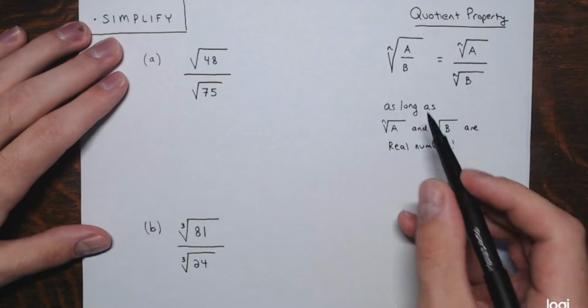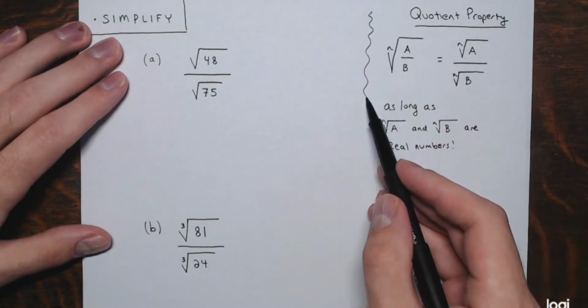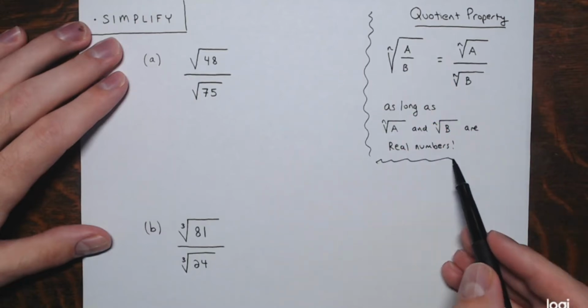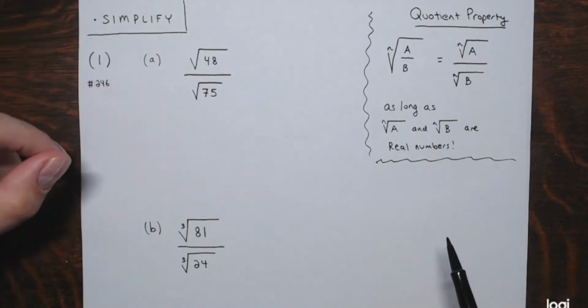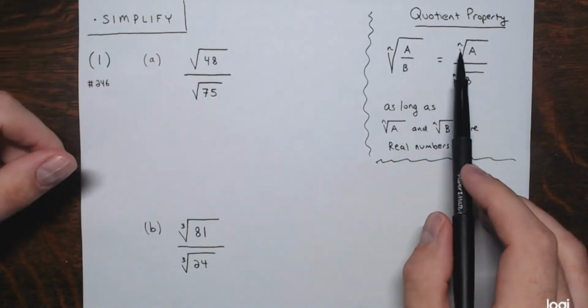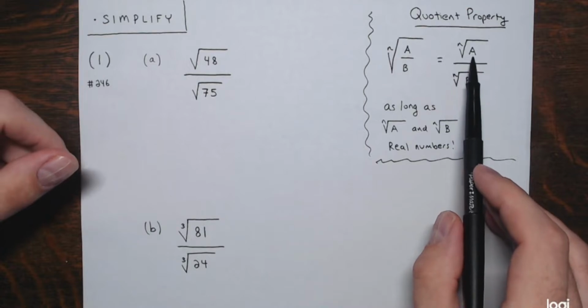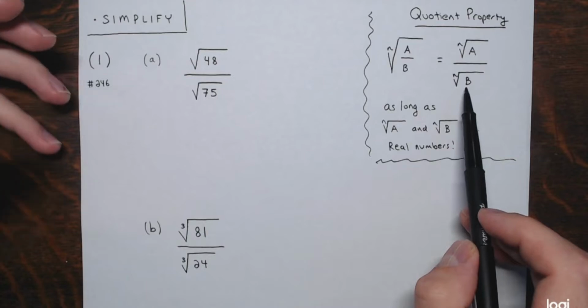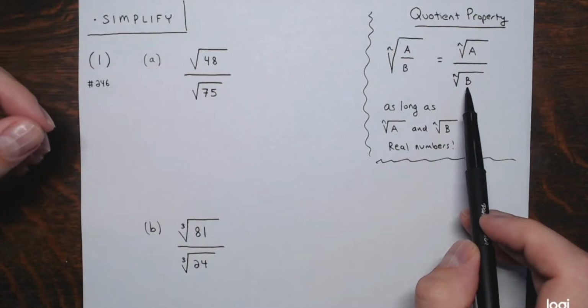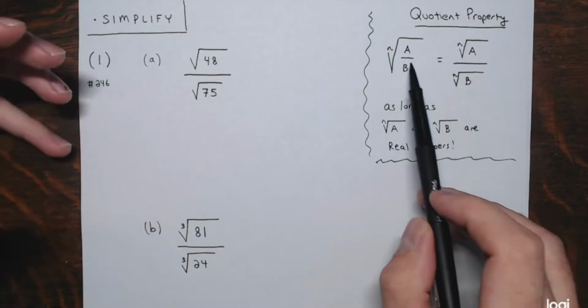So we only have to worry about whether we can use the quotient property when we're talking about even roots. Remember, for even roots, the radicand needs to be non-negative in order for the expression to be a real number. If you're taking the even root of a negative number, that's not real, and this property doesn't apply.